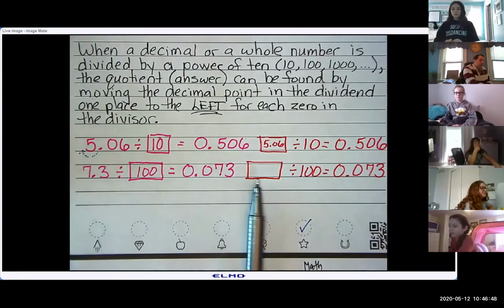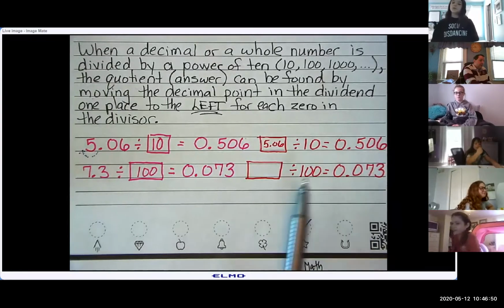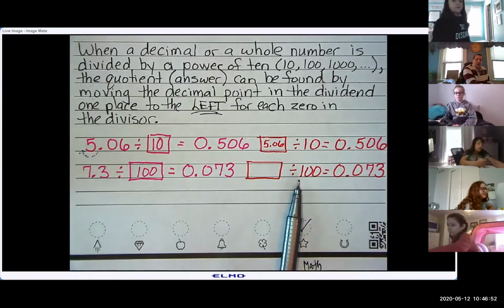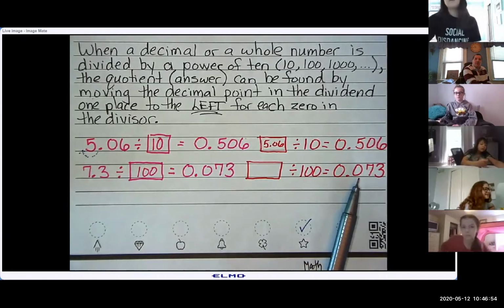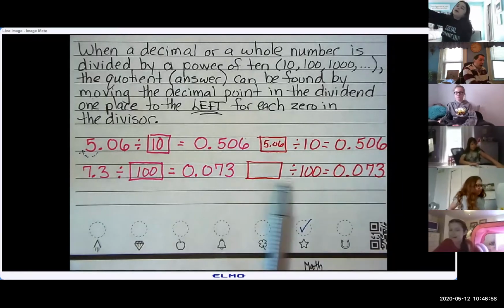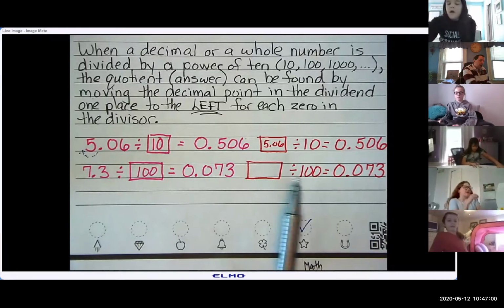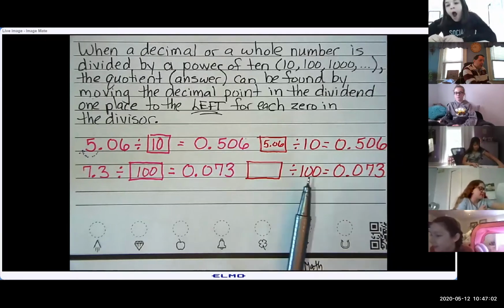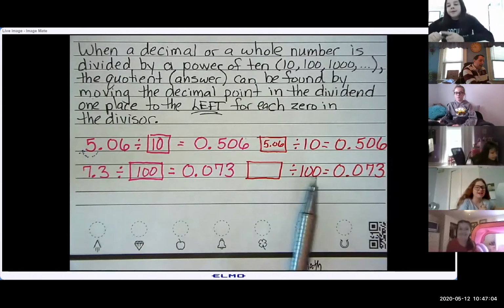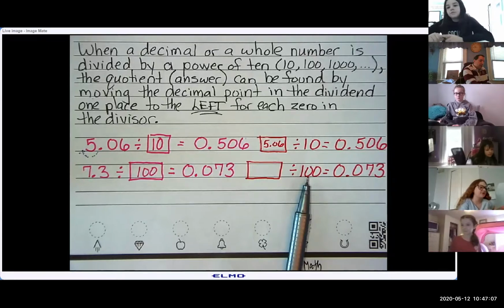So this number is going to be the same as this number because the 1 is the same. So it's going to be the same digits. Does that make sense? So now I took this number. I must have moved the decimals to the left. How many times? 2. Right, twice.